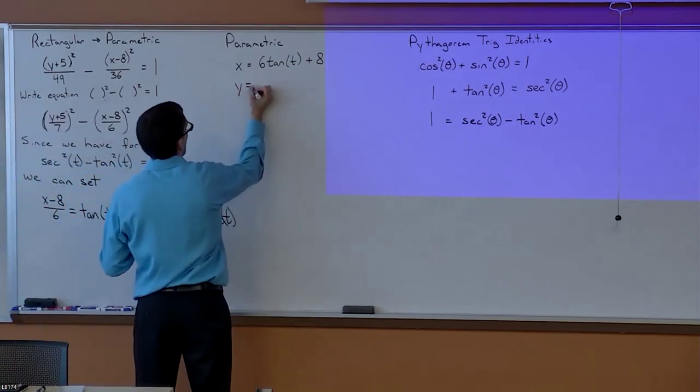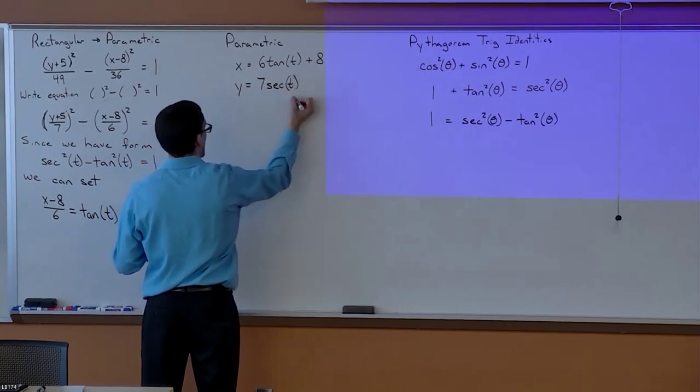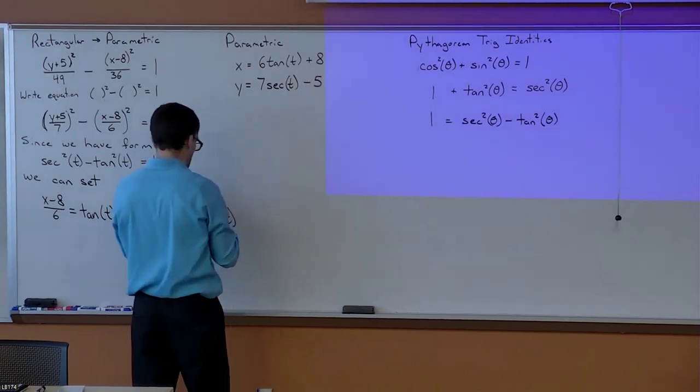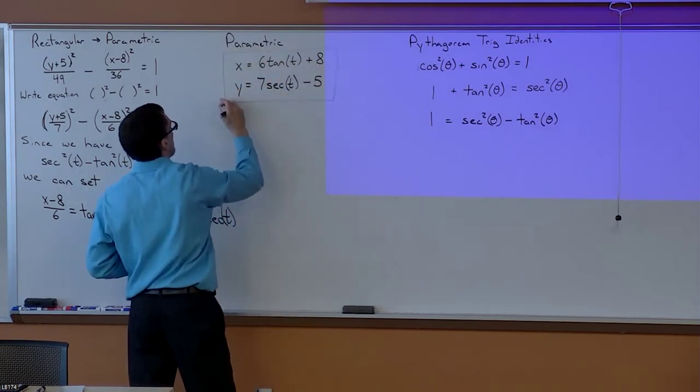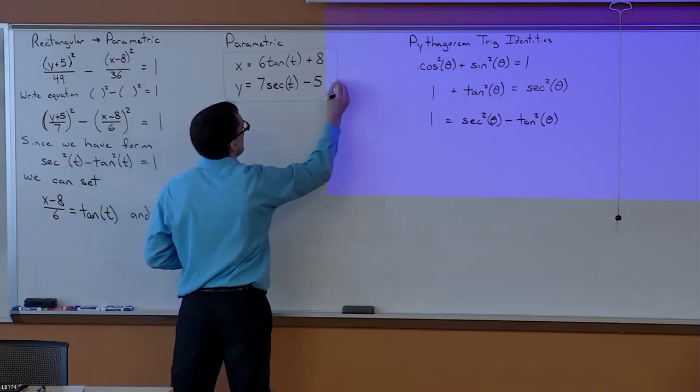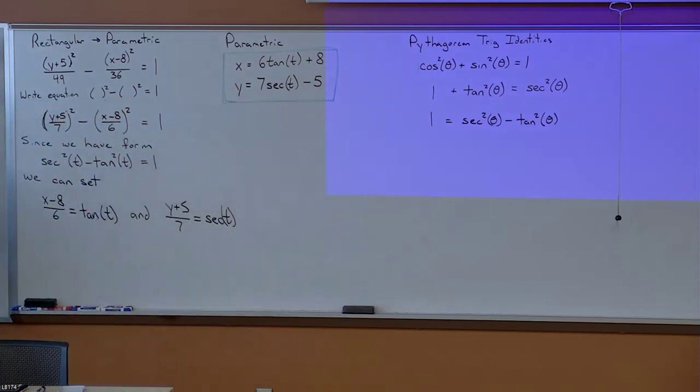When you do that, you get y equals 7 times secant of t minus 5. And there's my set of parametric equations. Those parametric equations give me the same graph as this rectangular equation. So I get a hyperbola in either case.